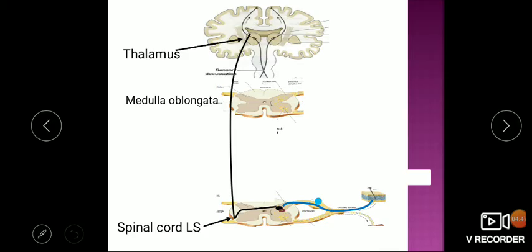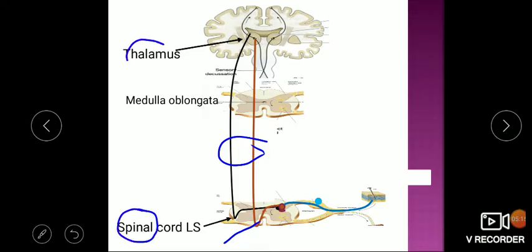Now some more sensory neurons of the same tract arise from the same segment of the spinal cord, crossing to the opposite side, but you can see they move in the anterior side of the spinal cord, that is the anterior white column. They also end in the thalamus. So these both are second order neurons, and as they arise from the spinal cord and terminate in the thalamus, this tract is labeled the spinothalamic tract. It's very simple.